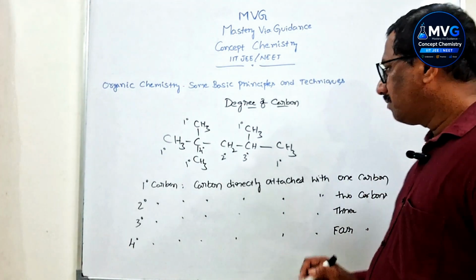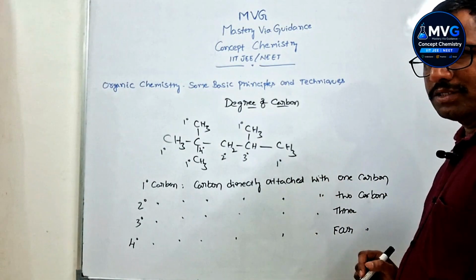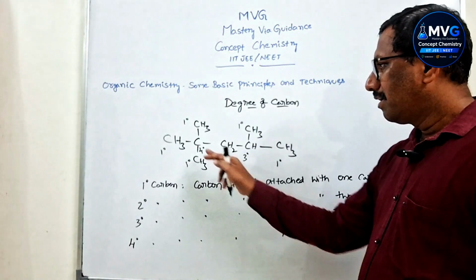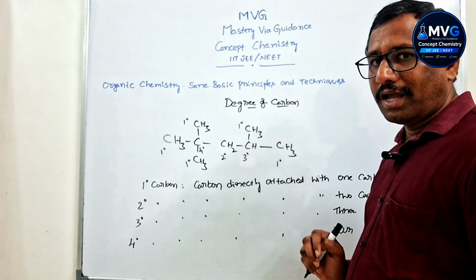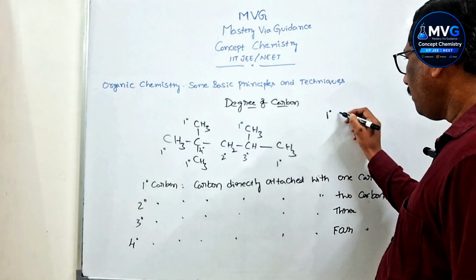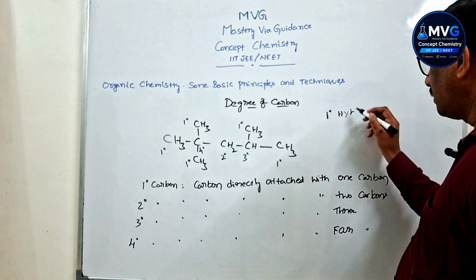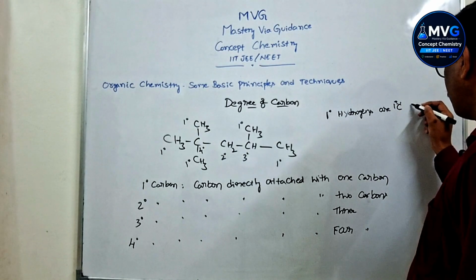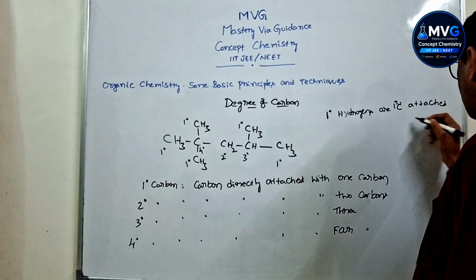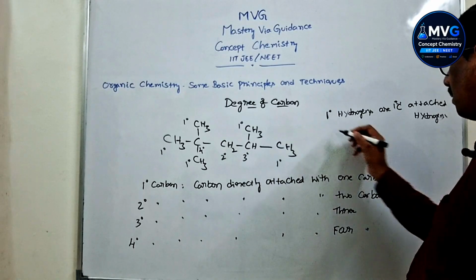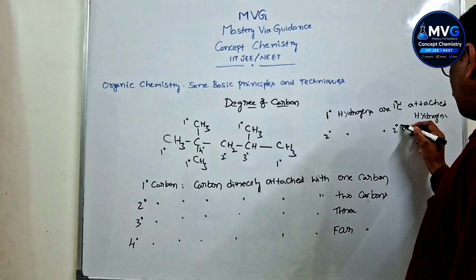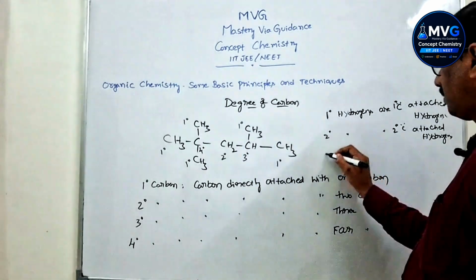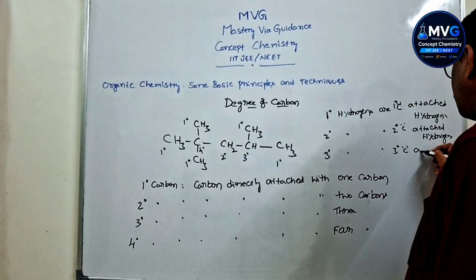Now primary hydrogens means primary carbon attached hydrogens, secondary hydrogens are secondary carbon attached hydrogens, tertiary hydrogens are tertiary carbon attached hydrogens.